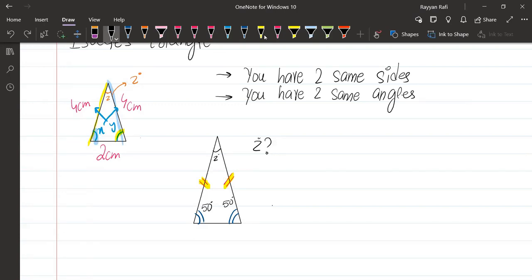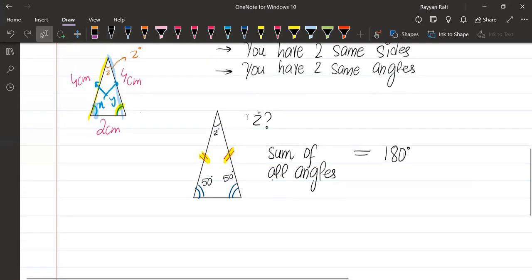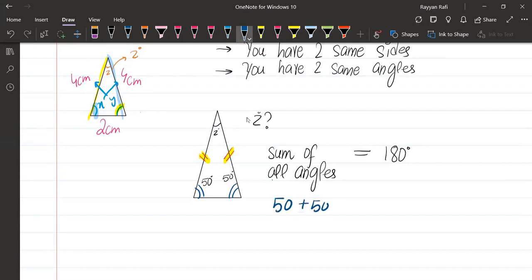So I know that the sum of the angles is equal to 180 degrees. अब अगर sum 180 के बराबर है, and I already know the two angles, so I can just directly write कि 50 plus 50 plus Z will be equal to 180 degrees.